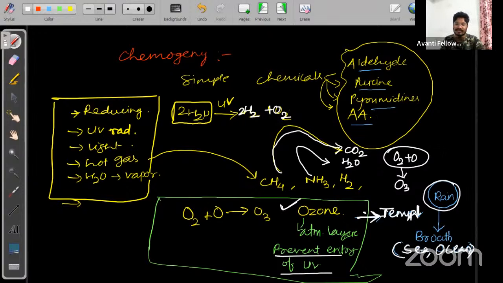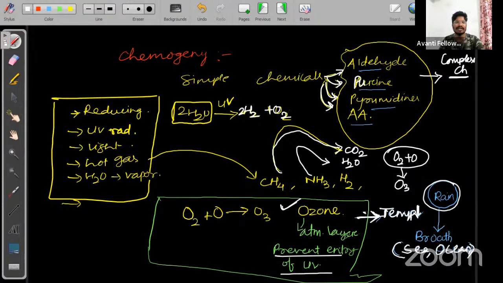Other chemicals were formed inside it. Simple chemicals were formed first: simple chemicals like aldehyde, purine rings, pyrimidine rings, ketone, amino acids. These are formed initially. From the simple chemicals, complex chemicals were formed. What are the complex chemicals?